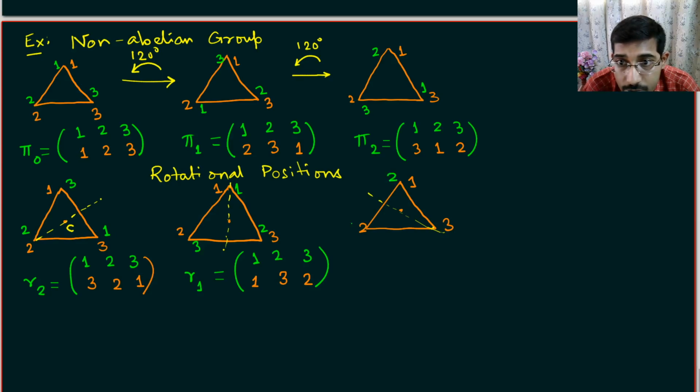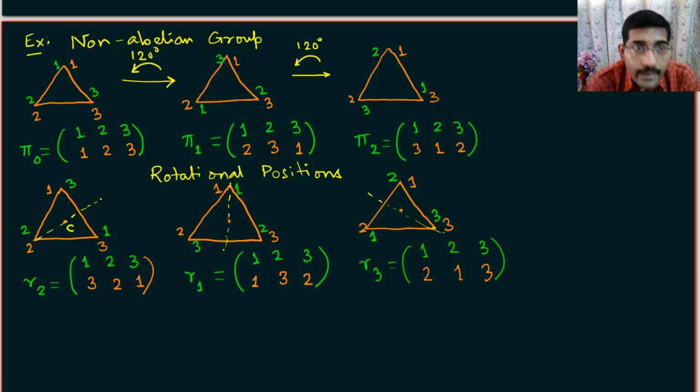So 2 comes here, 1 comes here and 3 remains fixed. So I get R3, equal to the positions 1, 2 and 3, where 1 has been shifted to 2, 2 has been shifted to 1, 3 remains the same.